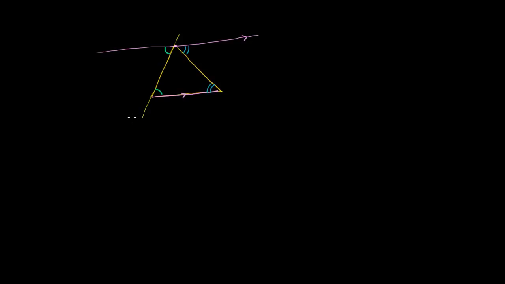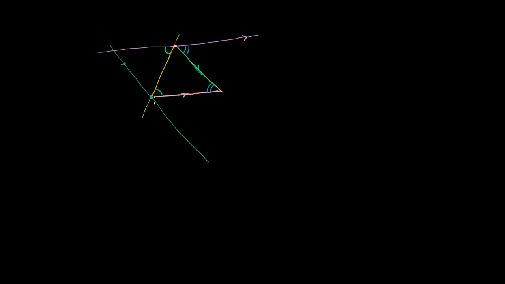Now let's do that for the other two sides. So let's create a line that is parallel to this side of the triangle, but that goes through this point right over here. So let me draw it as well as possible. And so these two lines are going to be parallel. And you could always construct a line that's parallel to another line that goes through a point that's not on that line.